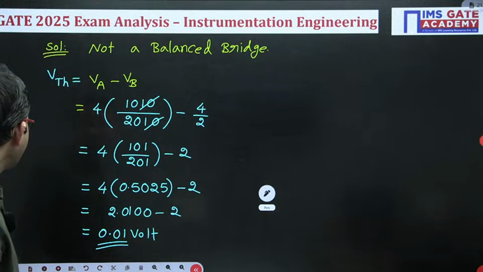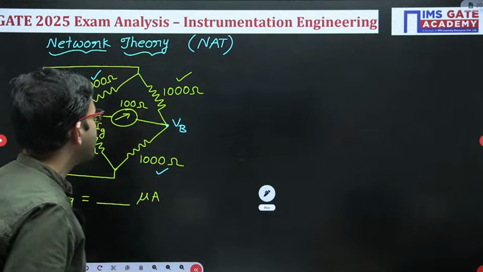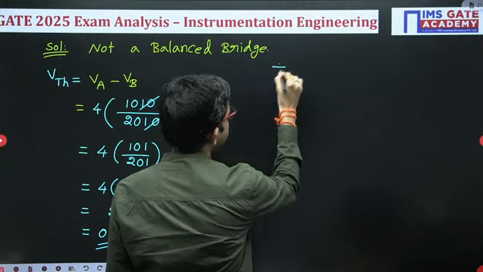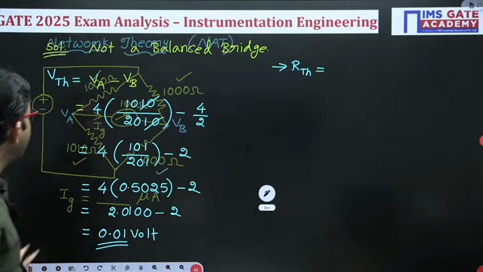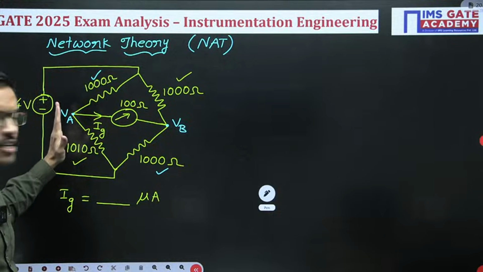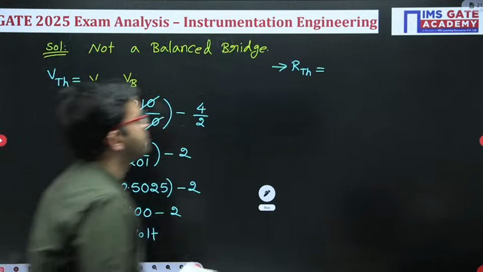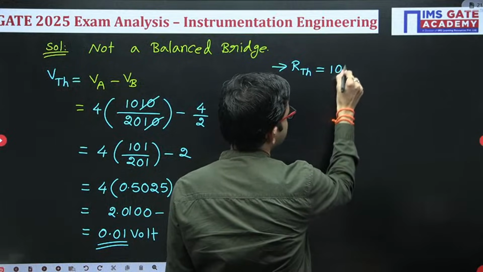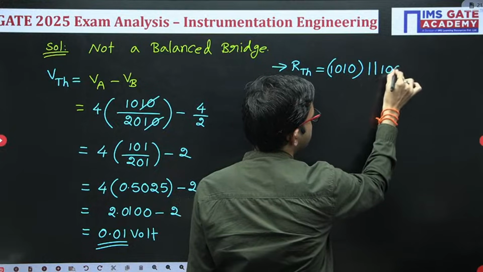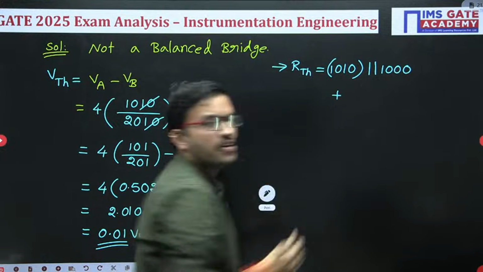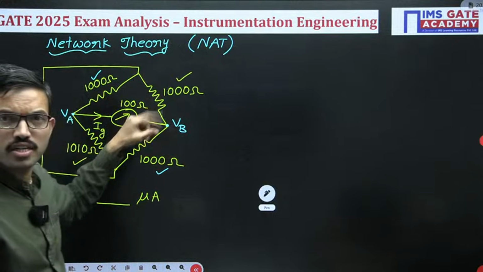So now we have to calculate RTH across the open circuit terminals. In this case, this voltage source you will short. Then this 1010 and 1000 are both in parallel. Here 1000, these two are also in parallel.